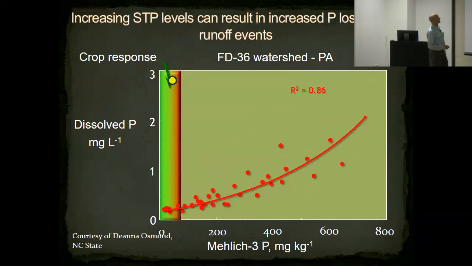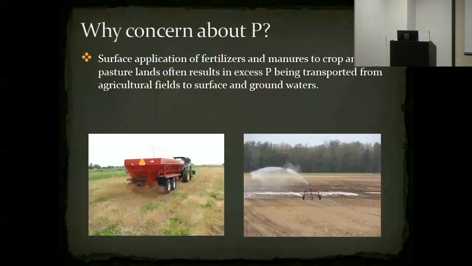So this shows that the crop response is going to be in this low level here, around 50 ppm range. But as the Mehlich 3 P continues to increase, you're not going to have an impact on the crop yield. But what happens is that the concentration of dissolved P in runoff is going to increase, sometimes linearly, sometimes non-linearly. But it becomes an issue.